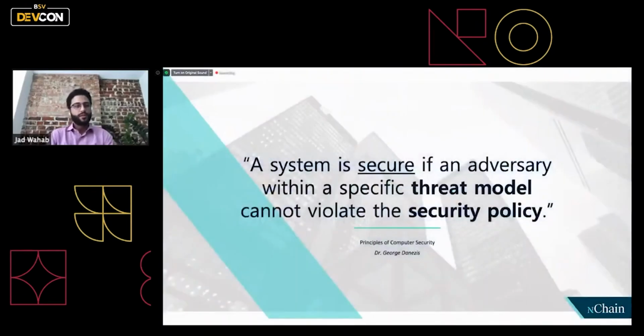I quite like this quote by Dr. George Danezis about the principles of computer security. He says that a system is secure if an adversary within a specific threat model cannot violate the security policy. So as we saw, all security is a matter of risk and cost.